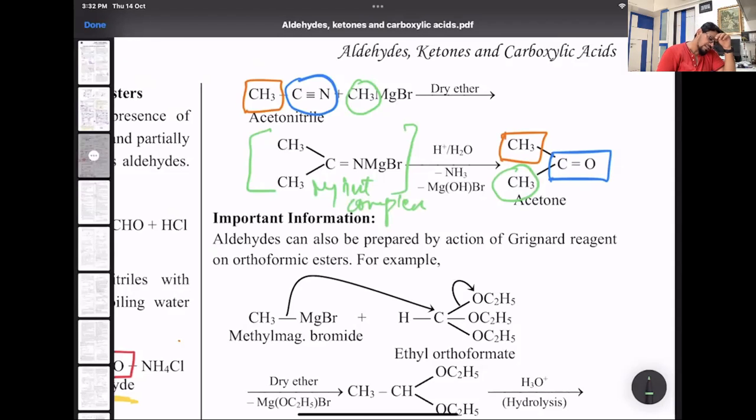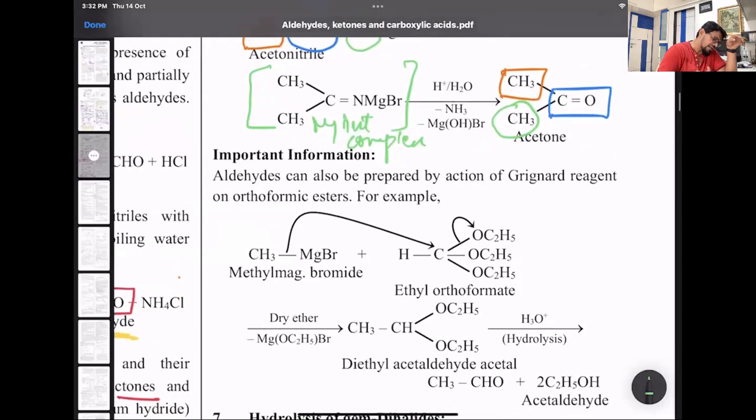Now this, what is given as another piece of information, is again an extra point for you to understand. Aldehydes and ketones can also be prepared by the action of Grignard's reagent on orthoformic ester. So the compound ethyl orthoformate has the OC2H5 group 3 times. So how do you add it? First of all, this CH3 will add to this carbon.